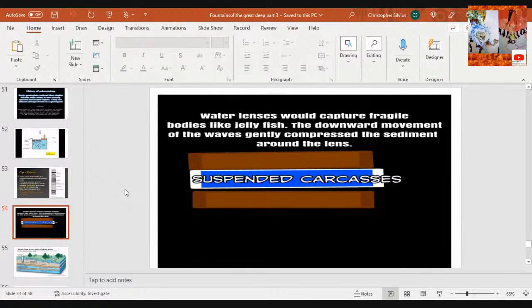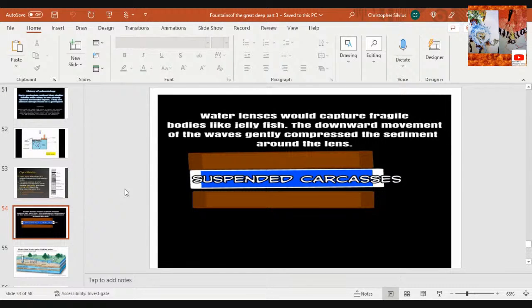It has to be buried rapidly, it has to be buried deep, and it has to be established into this sort of a lens, where it's kind of suspended. Because it's been established into a layer in between two other layers perfectly. And because there's so much jellyfish and there's so much water, it kind of protects them.